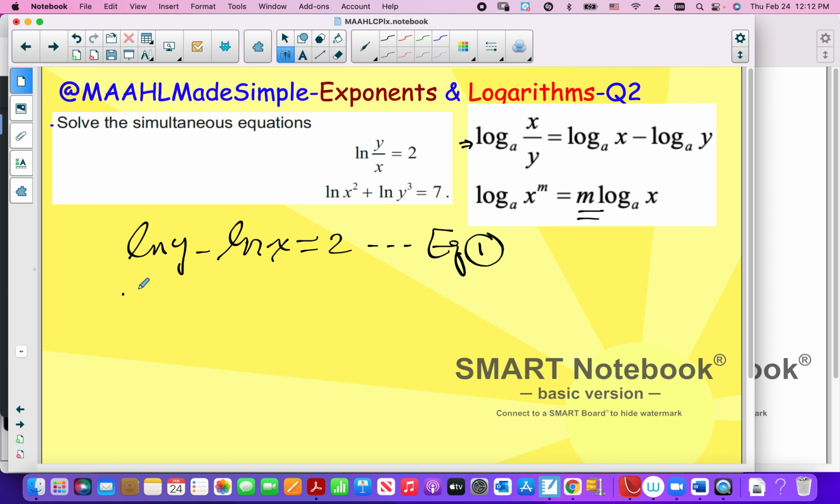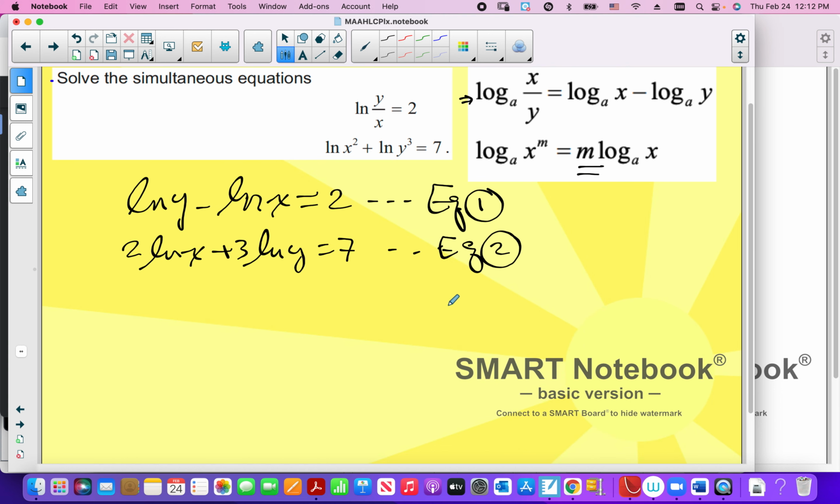So that will be 2 ln x plus 3 ln y is equal 7. That is equation 2. Now let's arrange the equations with the terms underneath each other, the x and the y, and eliminate. So that will be minus ln x plus ln y is equal to 1, and 2 ln x plus 3 ln y is equal 7.